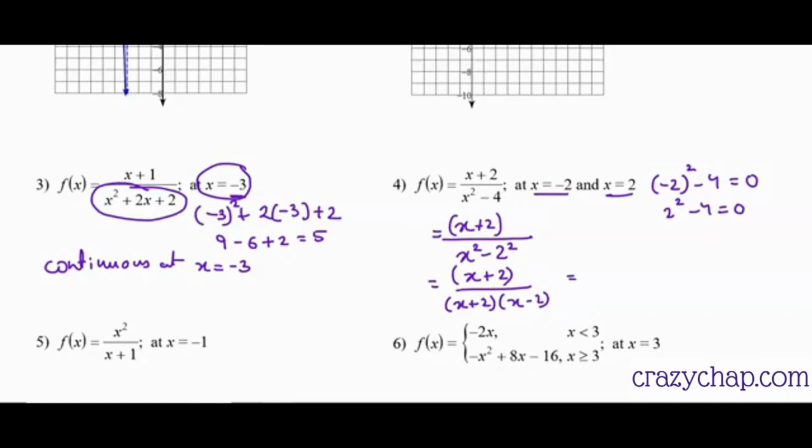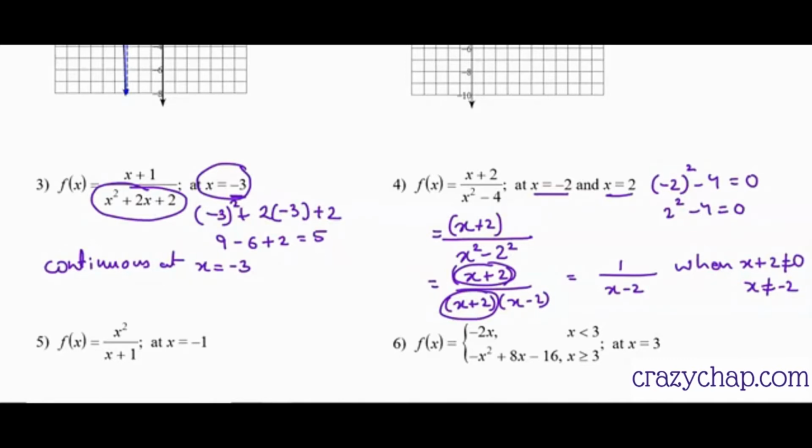So I will cancel them, and this is done when the x plus 2 part is not equal to 0. It means x is not equal to -2. So basically at -2, at this common factor, we get the removable discontinuity.